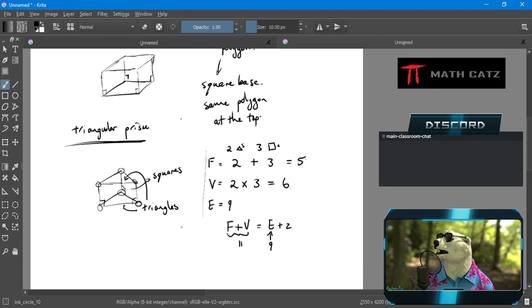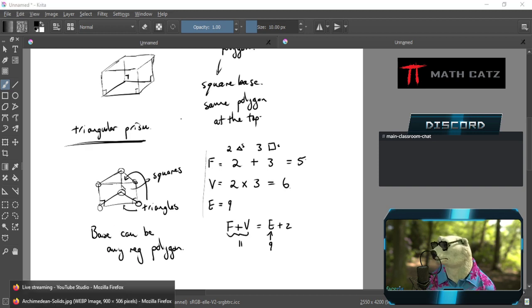So the good news is I don't feel prisms are complicated in comparison to the other things we have introduced. It's a fairly familiar shape and one of the first ones for three-dimensional shapes in elementary school. The bad news is there are infinitely many of them because the base can be any regular polygon. And there's no limit to how many sides the polygon can have. So I have infinitely many of these prisms.